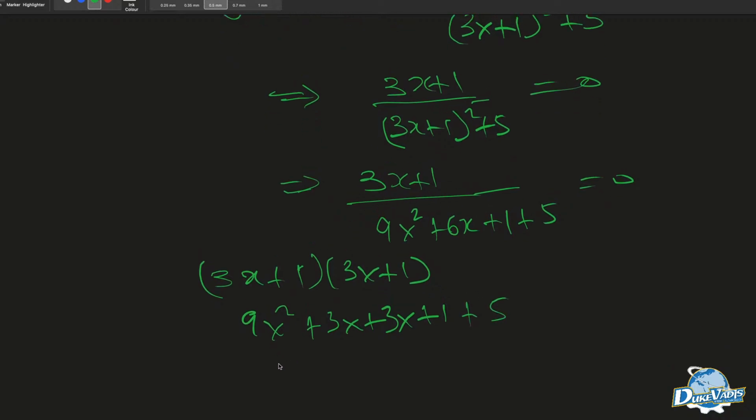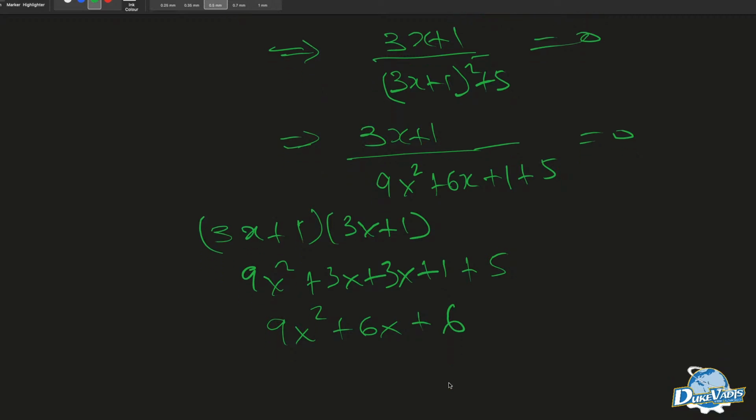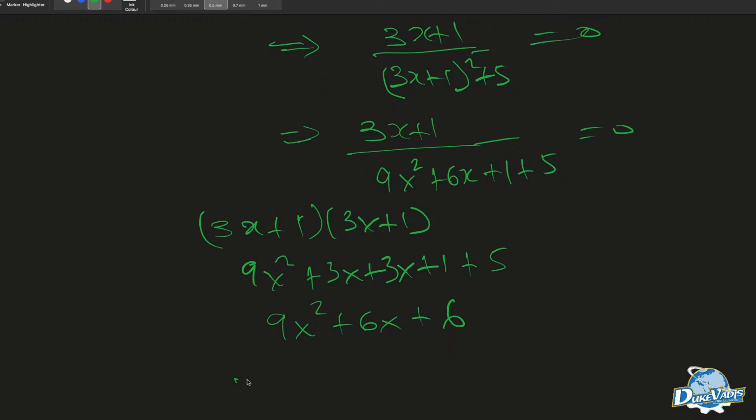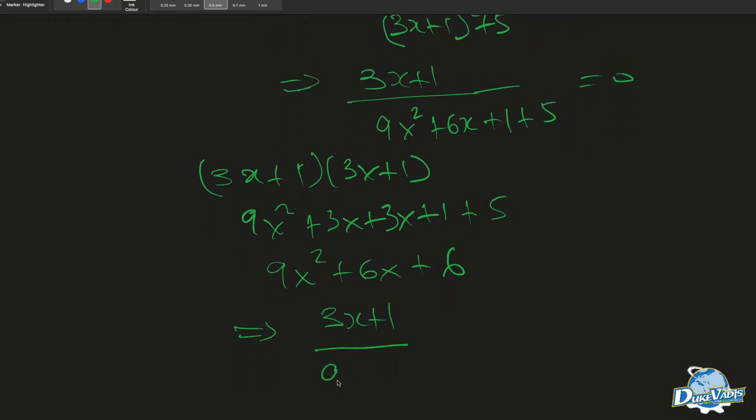That will make our equation be 9x squared plus 6x plus 6. So the whole equation is going to be 3x plus 1 all over this denominator, plus 6. So what can we do?